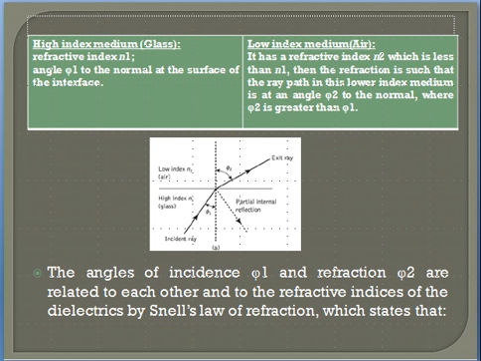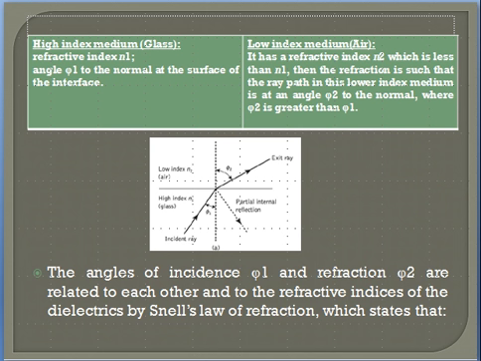When a ray is incident on the interface between two dielectrics of differing refractive indexes, let us consider two different mediums called glass and air. Refraction occurs, and it is illustrated in this figure. It may be observed that the ray approaching the interface is propagating in a dielectric of refractive index n1 and is at an angle psi 1 to the normal on the surface of the interface.